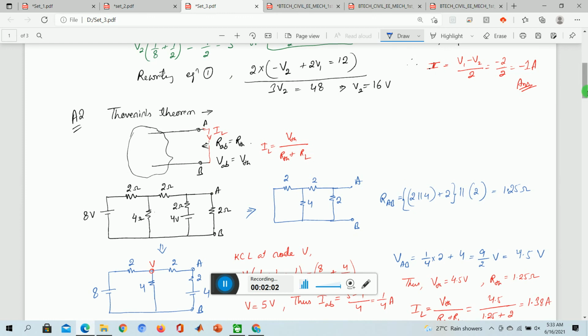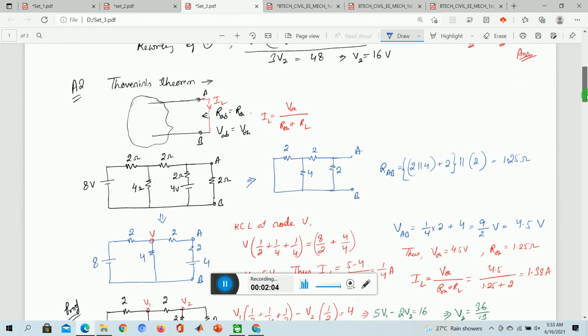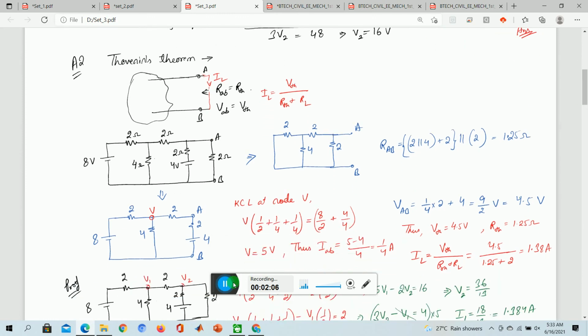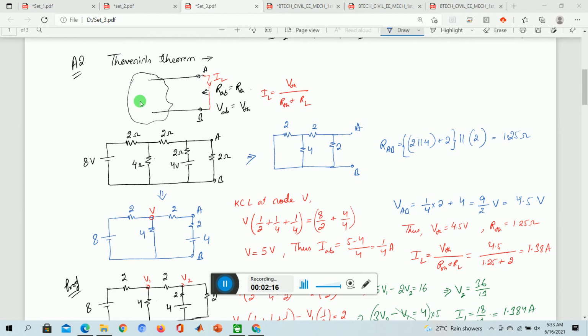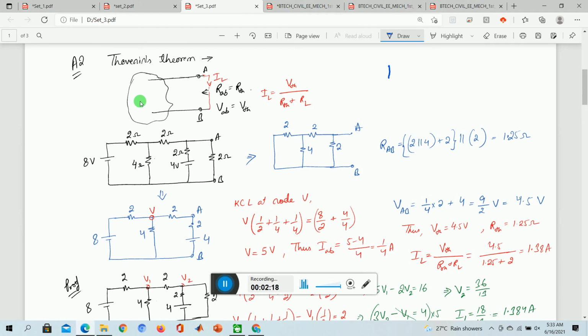The next problem is to define Thevenin's theorem. Thevenin's theorem is very simple: any network can be converted into its equivalent voltage source in series with a resistance.